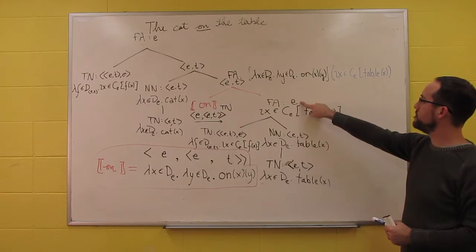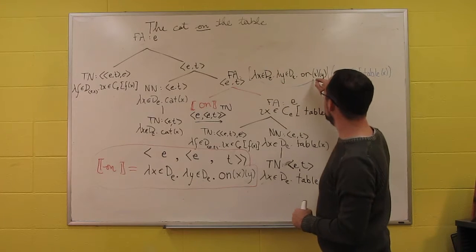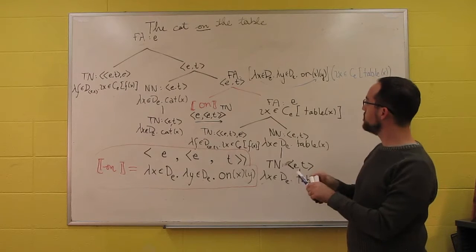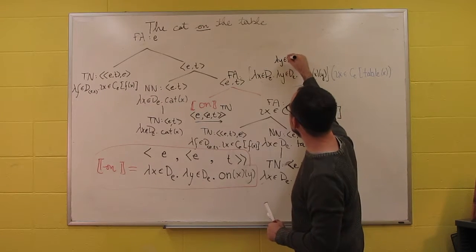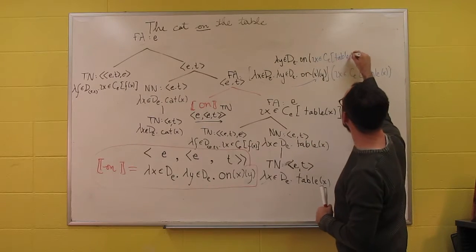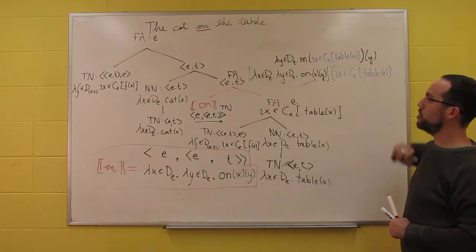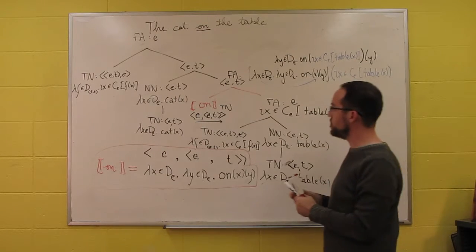Something of type E. And we'll do the same method we always do. Replace the leftmost variable in the value condition. Everything else survives. Lambda y, on(table, y). That is to say, the function that gets you the set of things that are on the table.